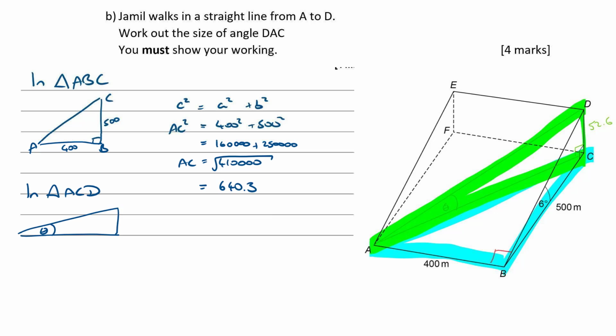This is theta. I just worked out the bottom line, didn't I, which was 640.3. That's AC, and I know that CD from before was 52.6.